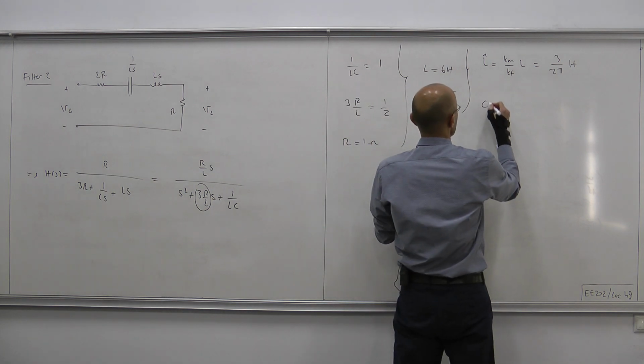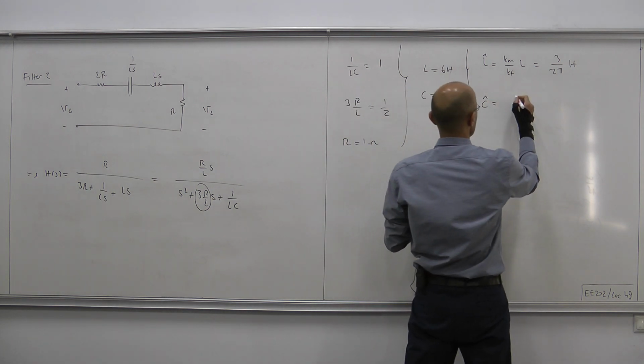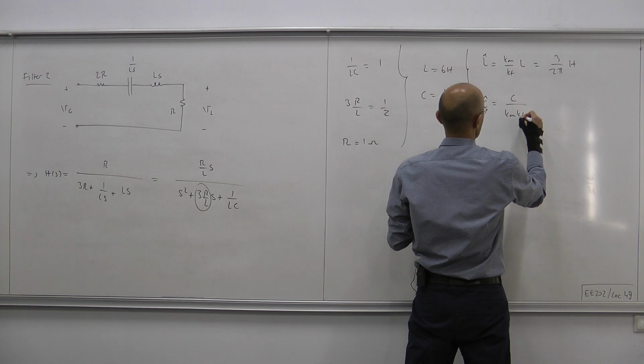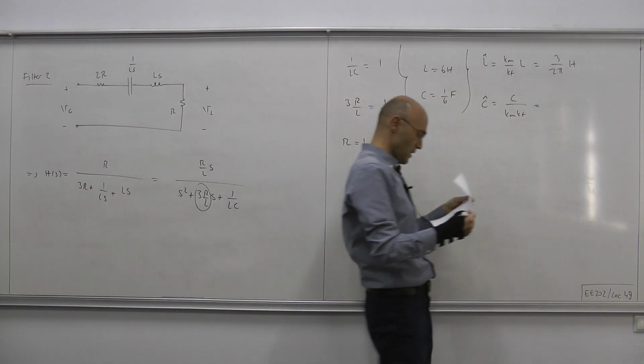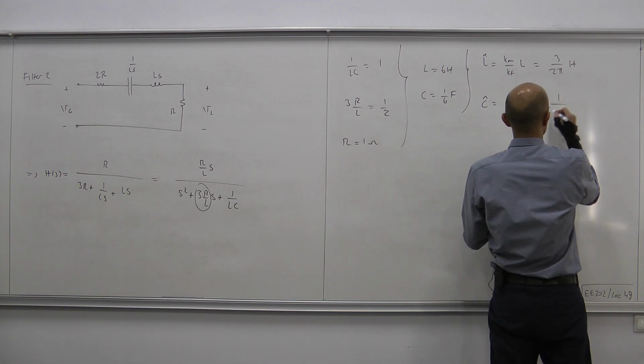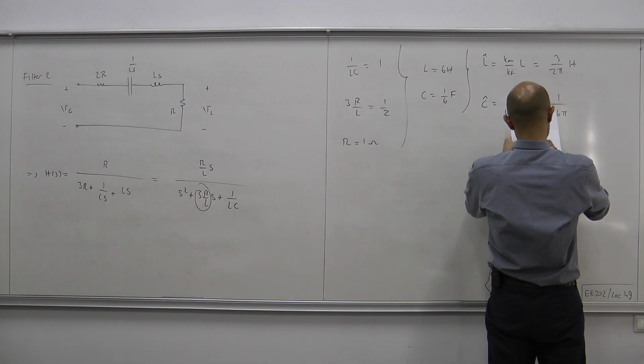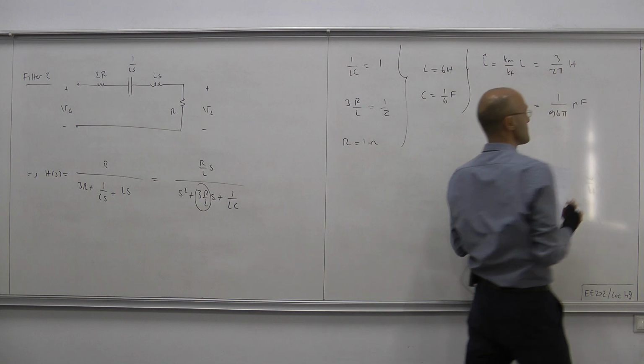As for the capacitance, it's C over Km Kf. C is 1 over 6, and that produces 1 over 96 pi microfarads.